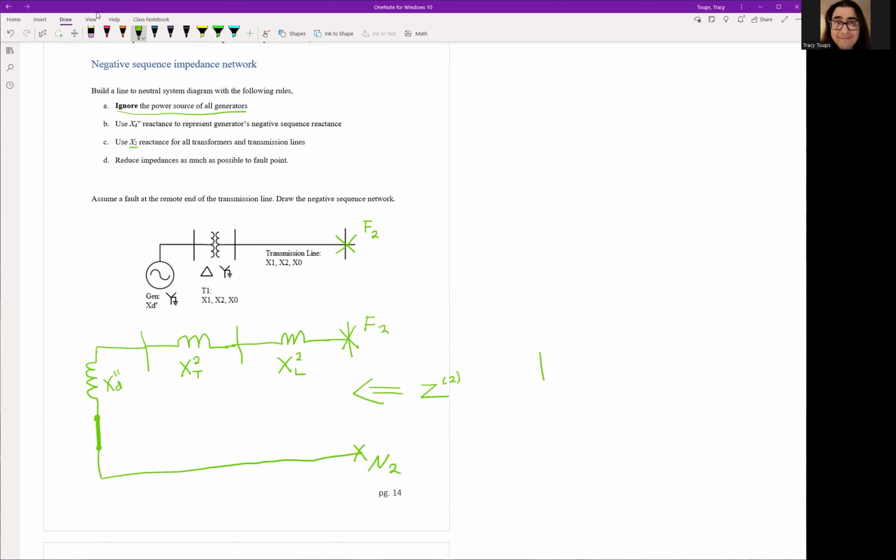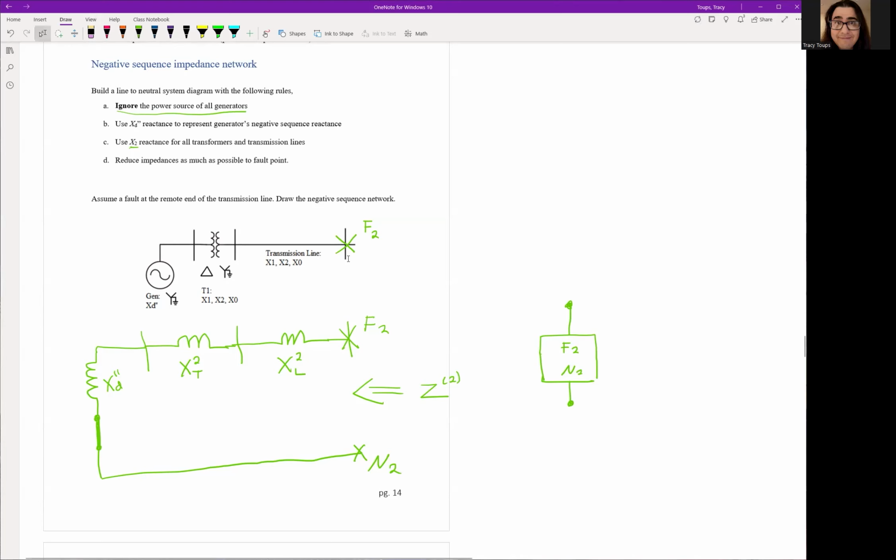This is equivalent to our new box model of F2 on top and N2 on the bottom. We're going to draw them out. So we're just literally taking this negative sequence network, combining it, and placing it into this box with a new impedance.